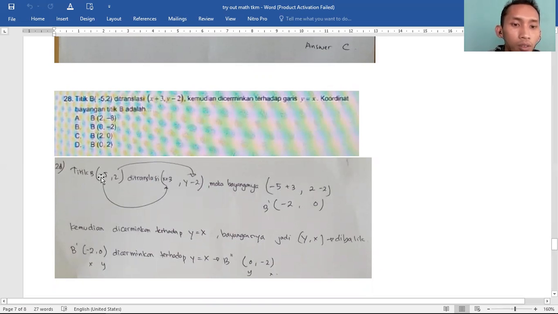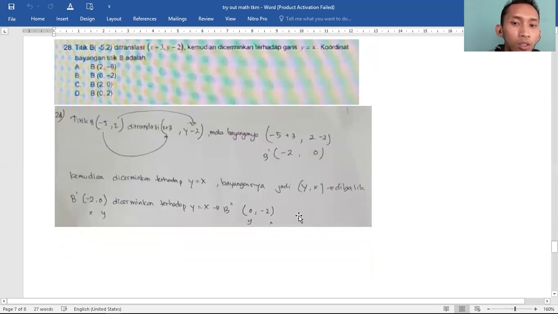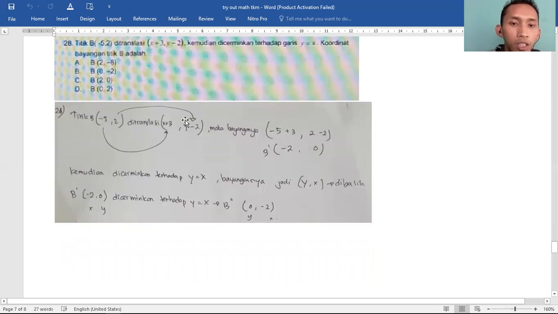Jadi dari -5 ditambah 3. -5 tambah 3 jadi -2. 2 -2 jadi 0. You just need to add this number because this one is for X, Y, and then what happens if X plus 3? Yeah, you just need to add 3. Okay, hopefully you understand this one. So this is the result from this translation.